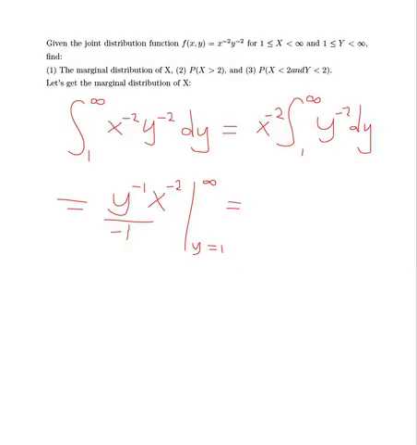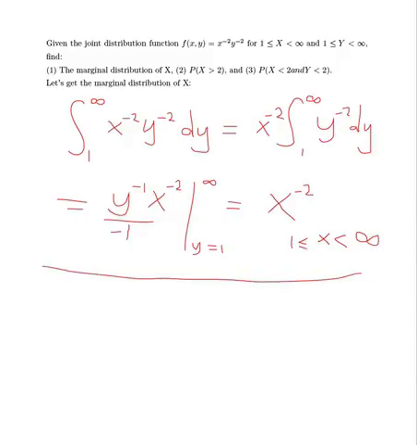So it's going to be 0 minus minus x to the minus 2, and that has a range for x from 1 to infinity. And that's the marginal distribution right there. Pretty exciting, huh?